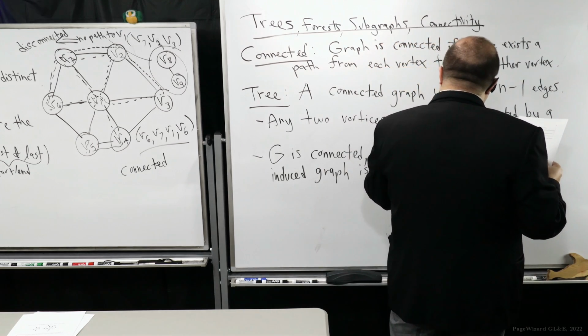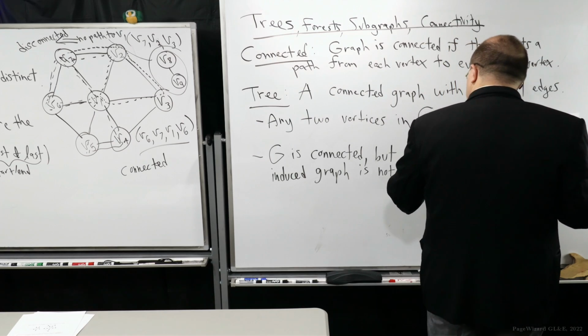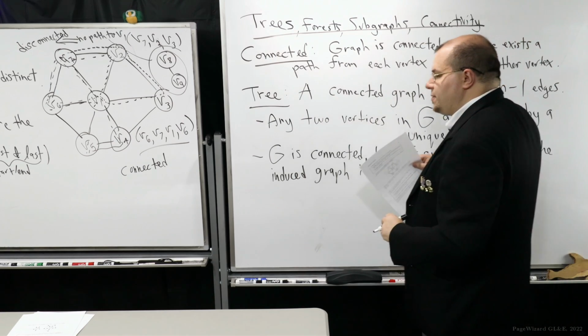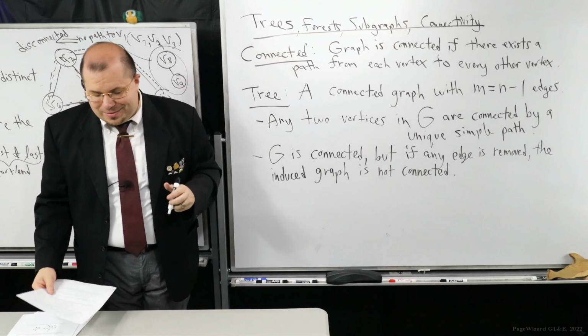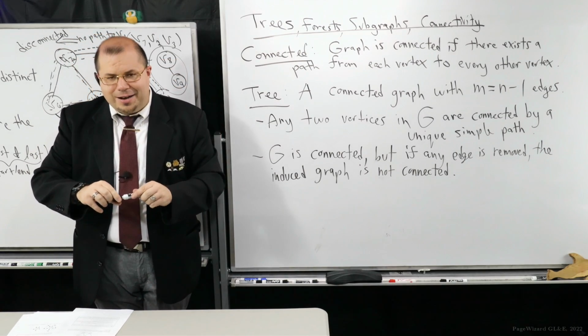So removing any one edge in the graph will disconnect the graph. You clearly see you can't do that to the graph right behind me. You'll find another pathway.